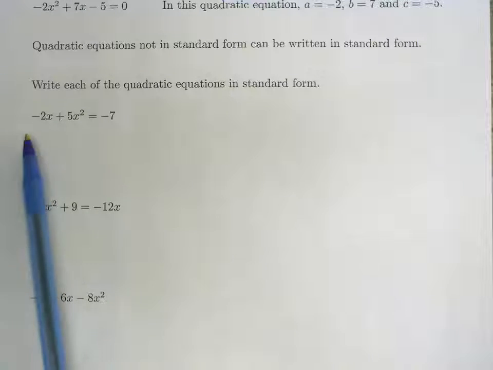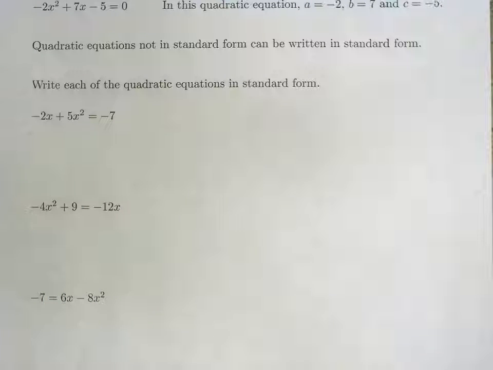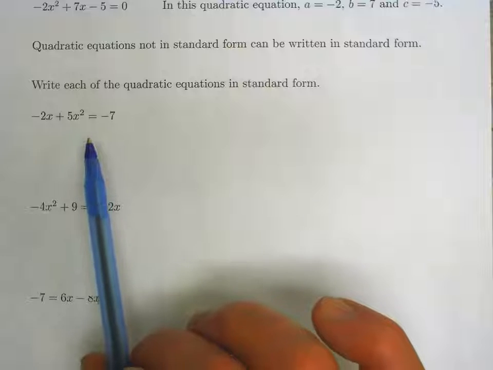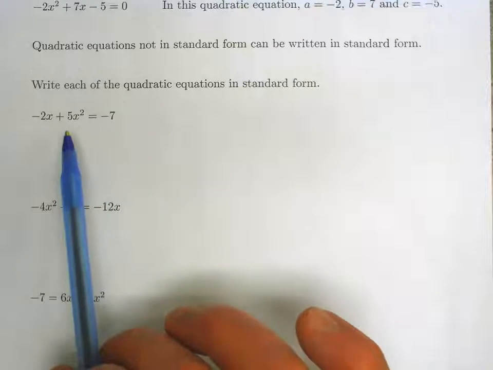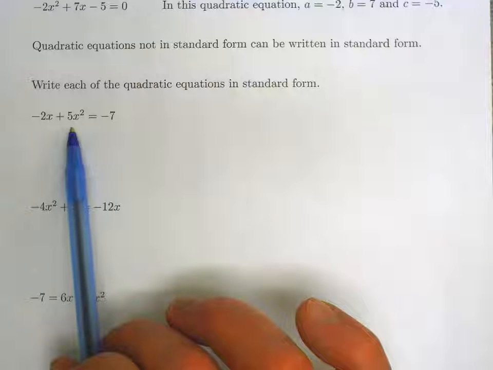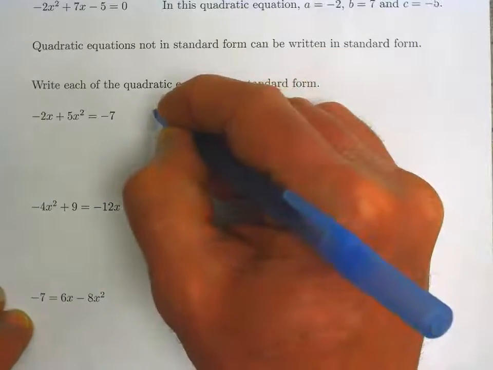We're starting out with negative 2x plus 5x squared equals negative 7. We have 2 things to do to get this into standard form. We're going to put the plus 5x squared term all the way to the left.